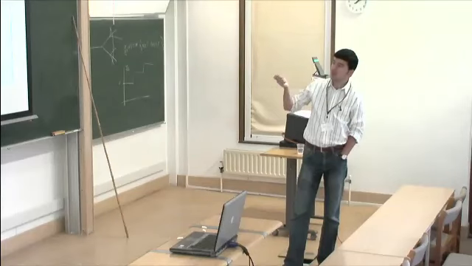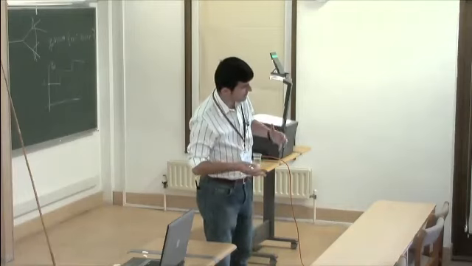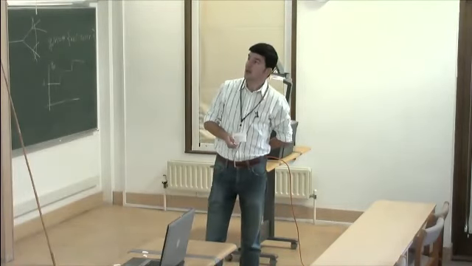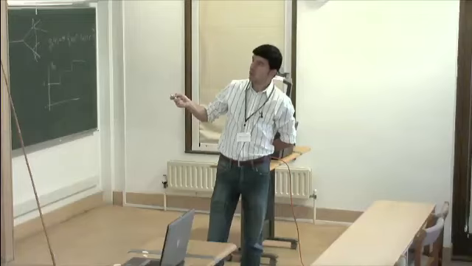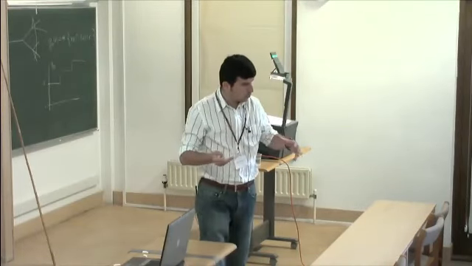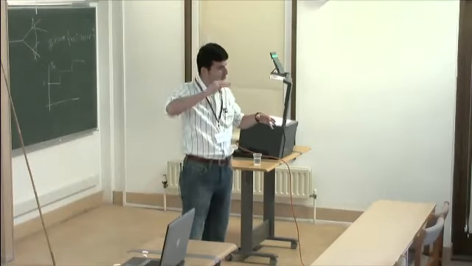The main step is a very technical property to show that for a given system of four balanced forces, that is, their sum is 0, the sum of torques is 0, you can find a point y star located within a small neighborhood of the convex hull of the terminals. That is, you don't want to have that point at infinity.